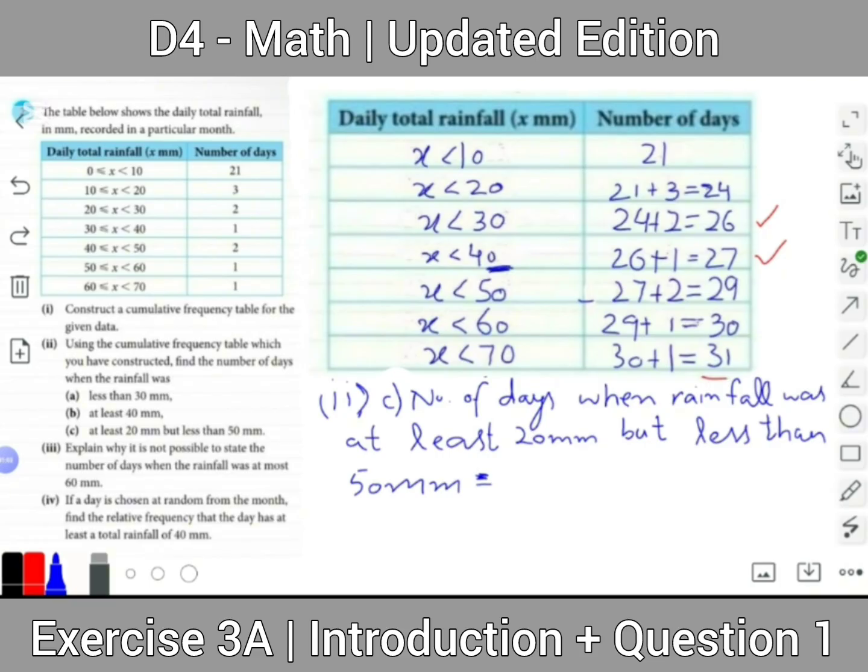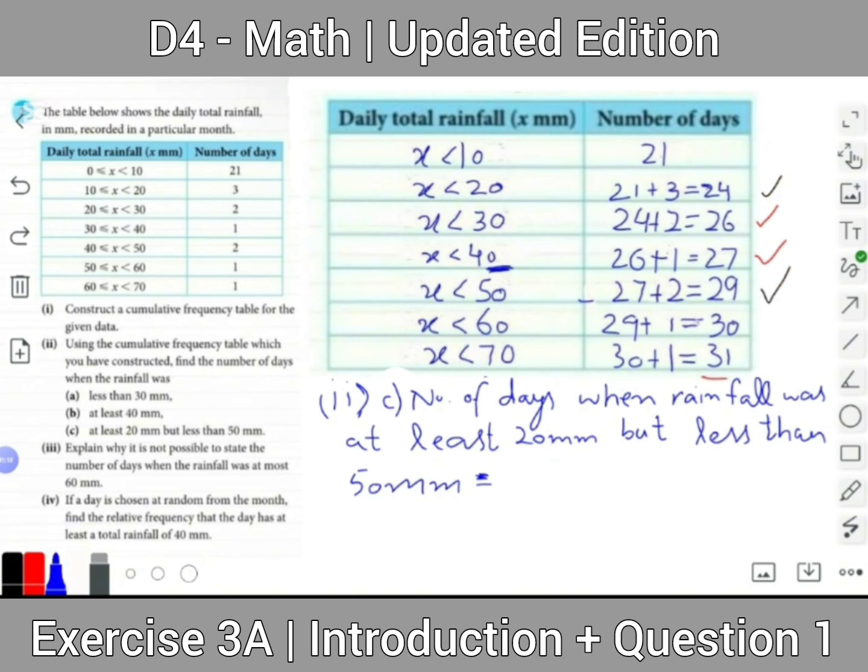So for x less than 20, we have the value 24, and for x less than 50, we have the value 29.